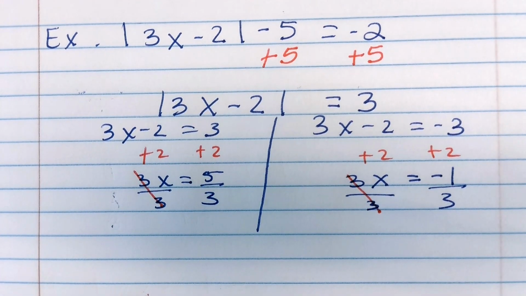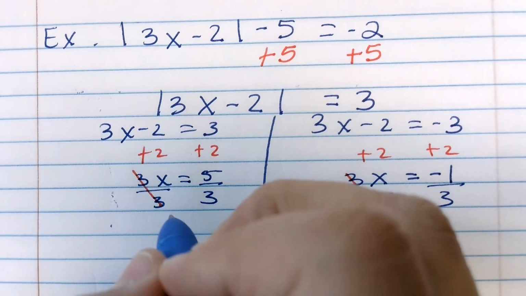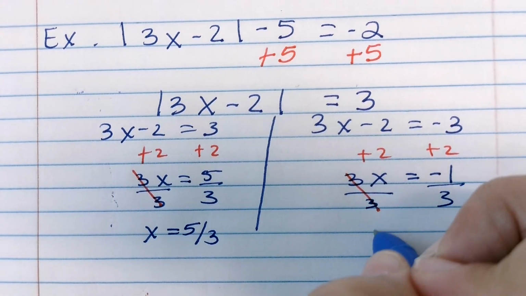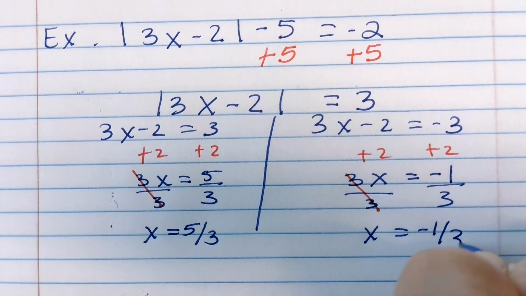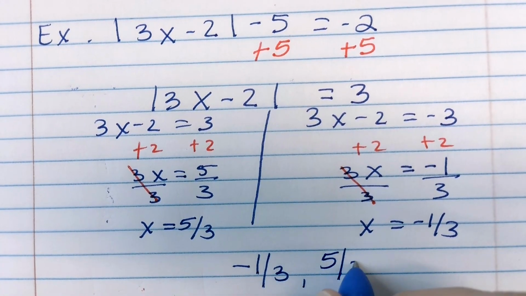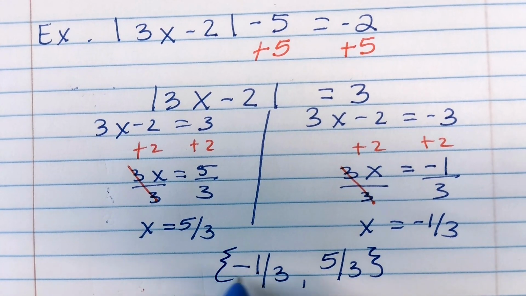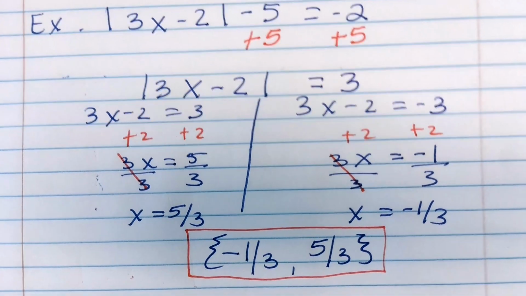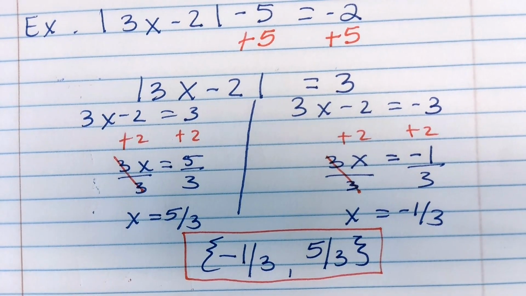Well, they don't really cancel, they become 1, but that's okay. We have x equals 5/3 and x equals -1/3. We're going to list them from least to greatest and put it in our squiggly braces here. Okay, not bad.